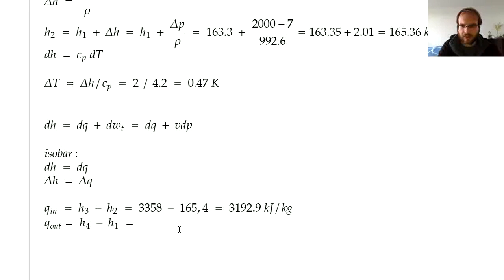So the enthalpy at the turbine outlet is 2263.5 minus at the condenser outlet it's 163.4, and the resulting difference is pretty much exactly 2100.1 kilojoules per kilogram.